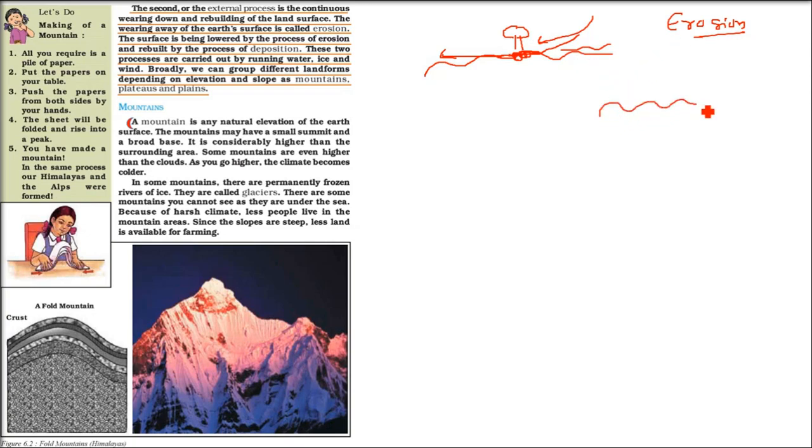But if there is a place just near to this place, the water and air has taken this soil and the upper part, and it has to deposit it somewhere, because the wind will lose its energy, it will deposit all this sand or soil it has taken, and that is called deposition. So one thing is taking off of the upper portion of the land, which is erosion, and deposition on the land, which is deposition.